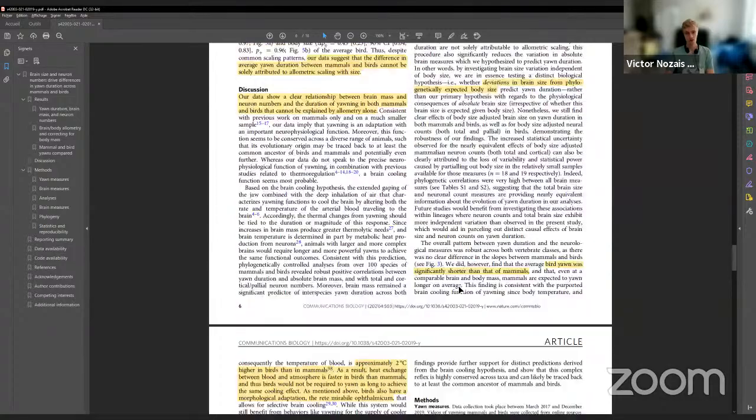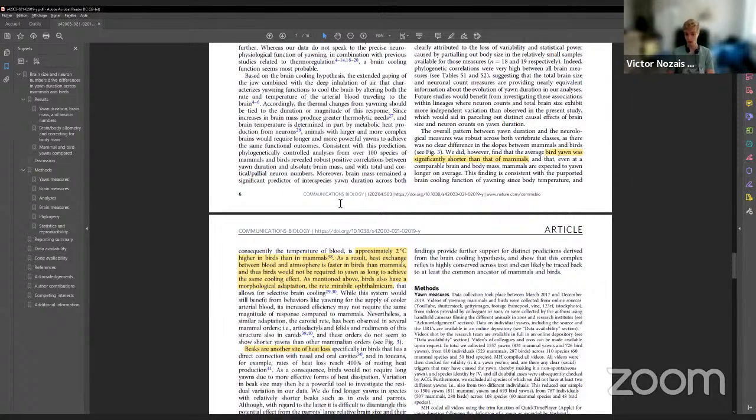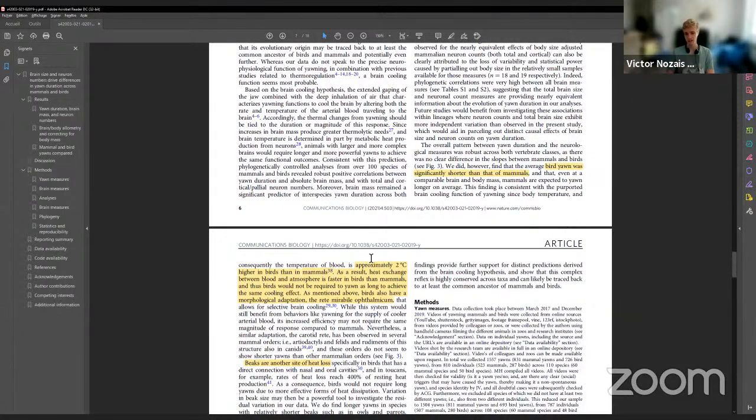And the difference that they observe between the birds and the mammals can be explained in different ways. First, there is the fact that birds have a blood temperature that is on average about 2 degrees Celsius higher than that of mammals, meaning that there is a bigger gradient of temperature between the blood and the air, meaning that the heat will go faster from the blood to the air in the birds.